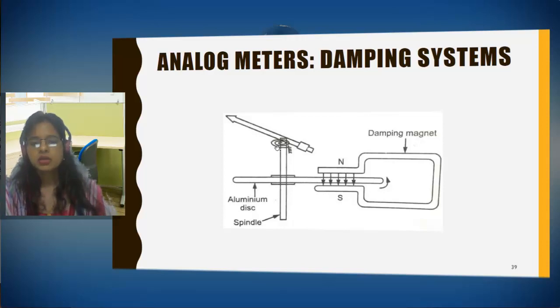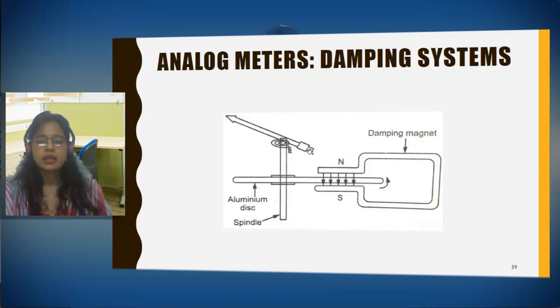So it will try to nullify the cause. It will stop the spindle from moving. First it will stop the aluminum disc from moving. Once the aluminum disc stops rotating, the spindle will stop rotating and the pointer will hence stop rotating.